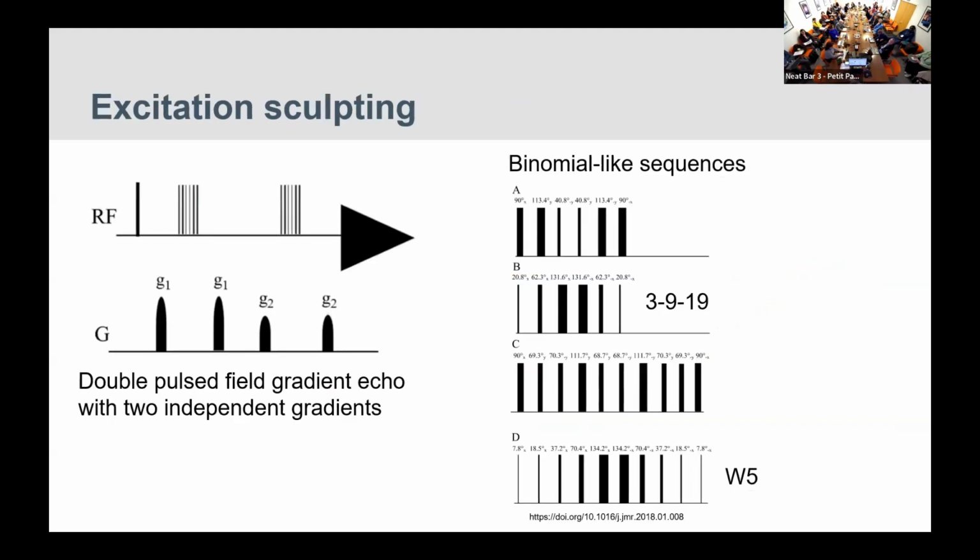So then again, we need another alternative, and then we turn to binomial-like sequences. And binomial-like sequences are sequences that use trains of pulses, and the most commonly known of those are the 3919 and the W5 pulses.